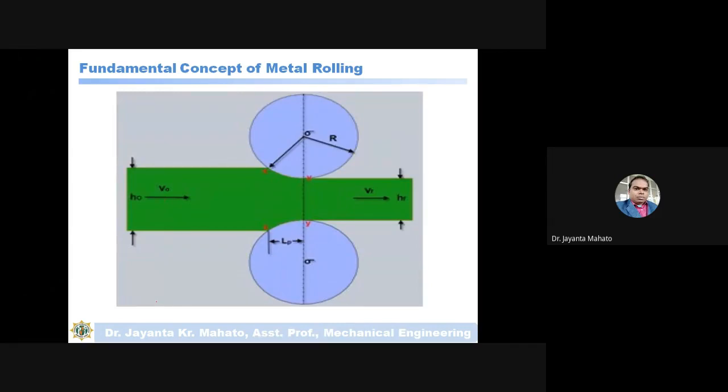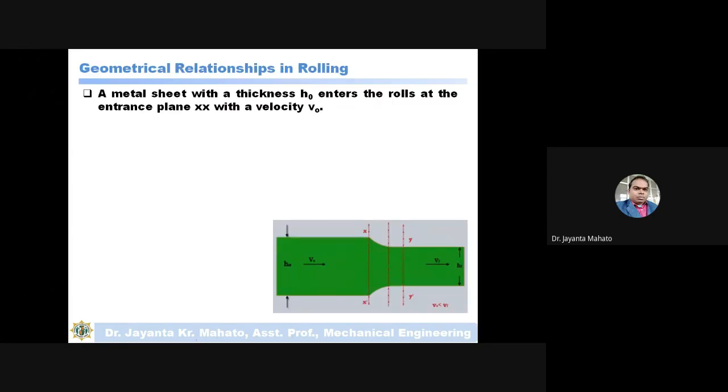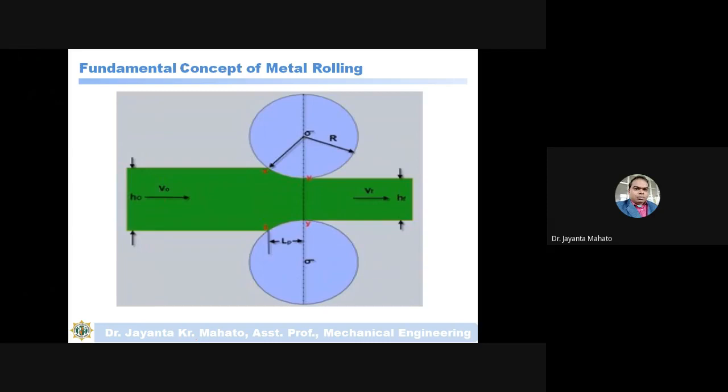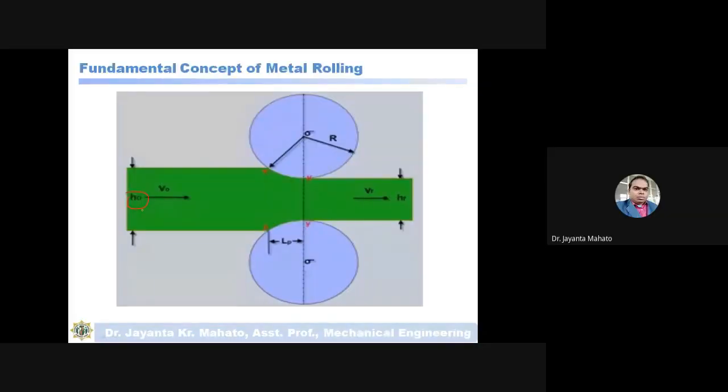Now some fundamental concepts of metal rolling. So a metal sheet. Suppose this is H naught, the height of the material. H0 is the original height.